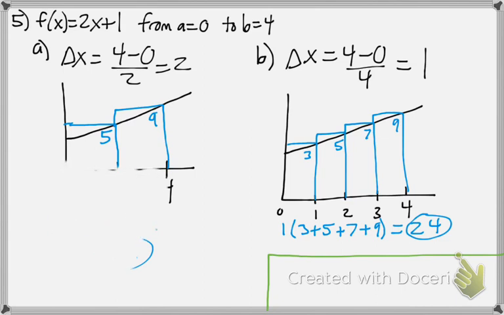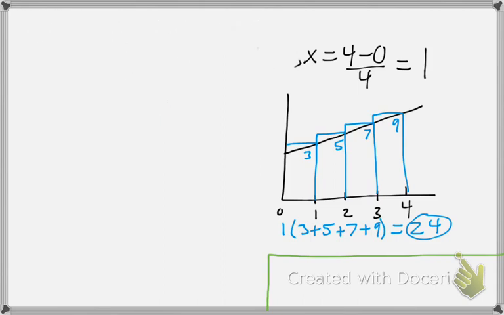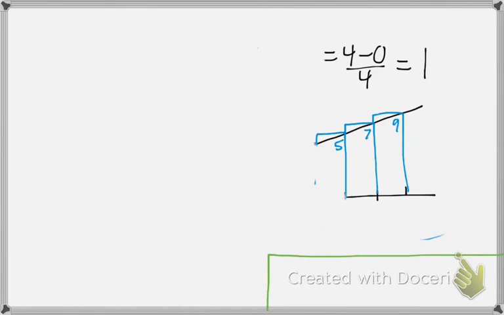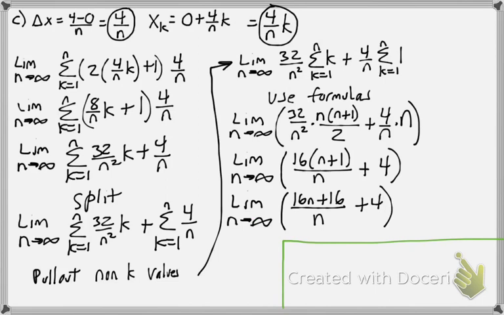I forgot to give myself 3 different slides on this one. I only gave myself 2. There we go. So again, we had the 16n plus 16 over n plus 4. Let's split up that fraction.